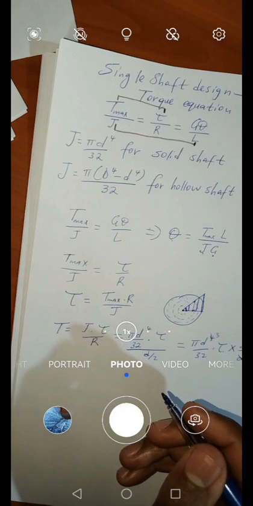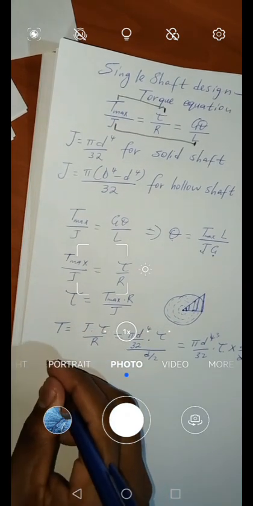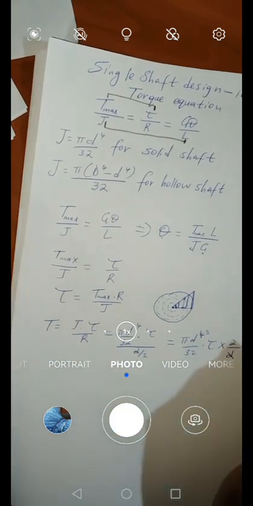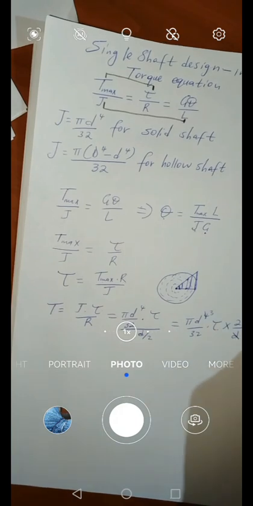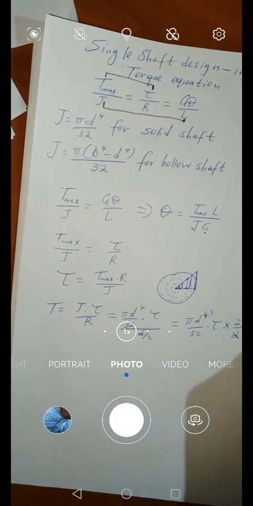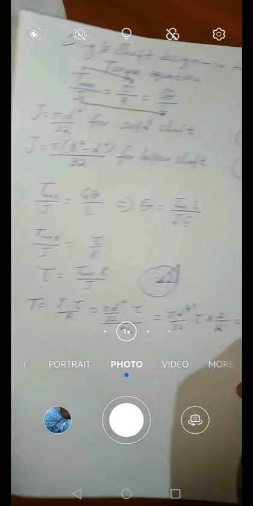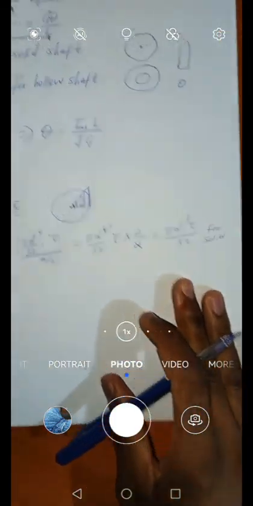Then that is for a solid shaft. Sorry, it's for solid.